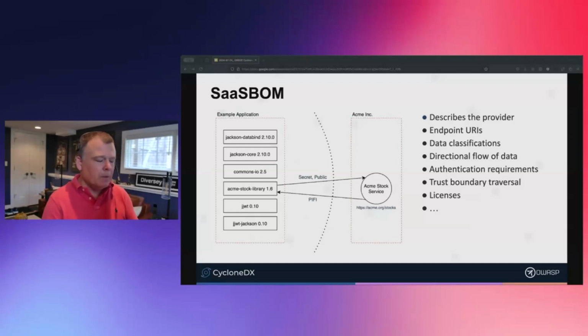True story. My employer, several years ago, was contacted by one of our customers, and the customer said, "Hey, your mobile app is fetching this random service up on the internet. What is it?" And we're like, "Huh, that's interesting. I don't know." It turned out that a transitive dependency was actually making a call. Now, it was a benign call.